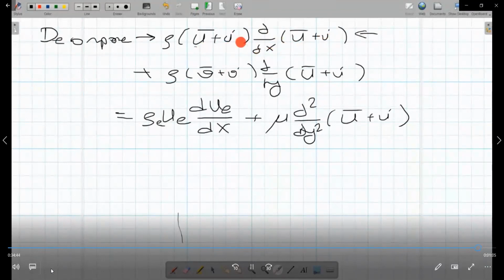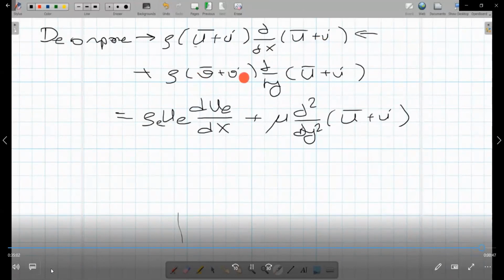It's actually 4 terms. So normally I'm not going to do every single term here, but what you need to do is multiply this, obtain 4 terms, explicitly write them, and then apply the next step, which will be time averaging.